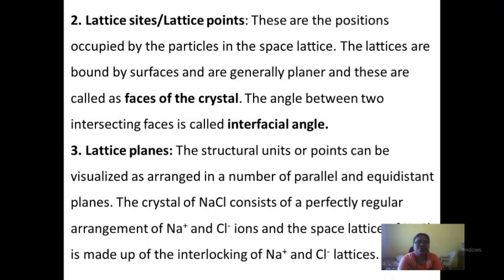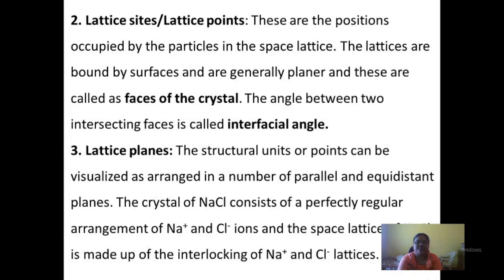Lattice sites or lattice points are the positions occupied by the particles in the space lattice. The lattices are bound by surfaces and are generally planar, and these are called as faces of the crystal. The angle between two intersecting faces is called interfacial angle.